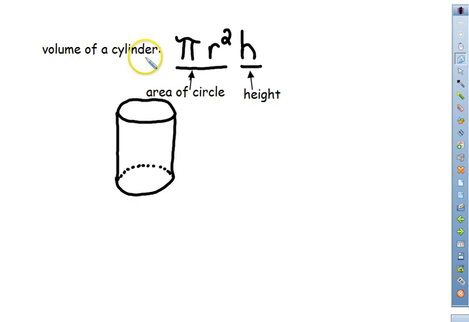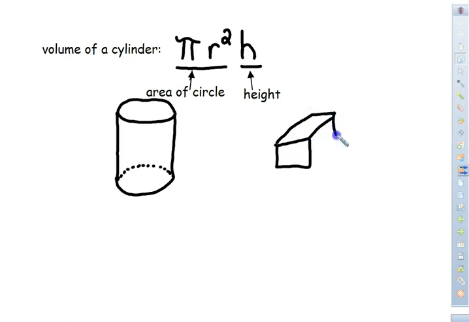Now for the volume of a cylinder, you're again using pi r squared. When we found the volume of the rectangular prism, you went length times width, finding the length and the width. That's basically the base that you were trying to find. Well, that's what you're ultimately doing here as well, trying to find the base, and they will give you the radius on this.